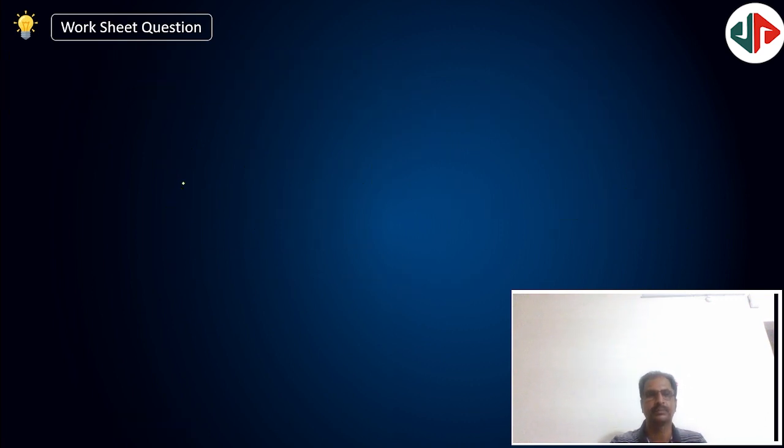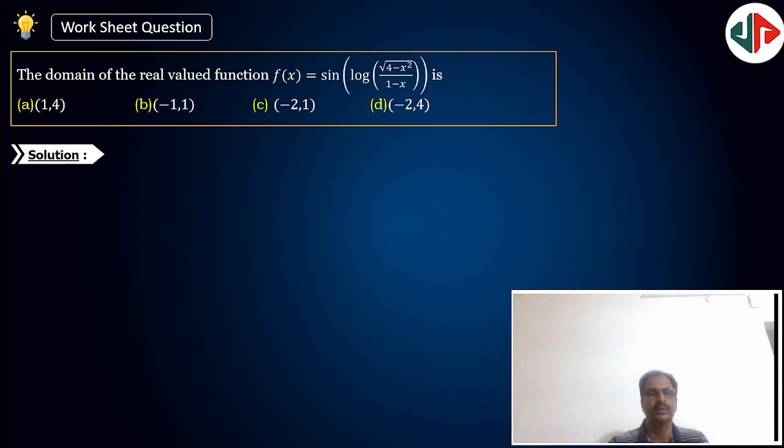Okay. Next, domain of this function. This function is defined when 4 minus x square is under root function. 4 minus x square should be positive, which means x square minus 4 less than 0, x plus 2 into x minus 2 less than 0.